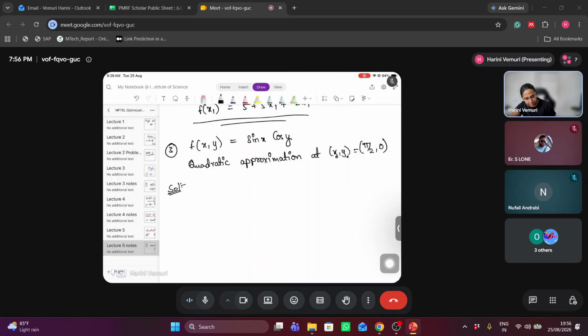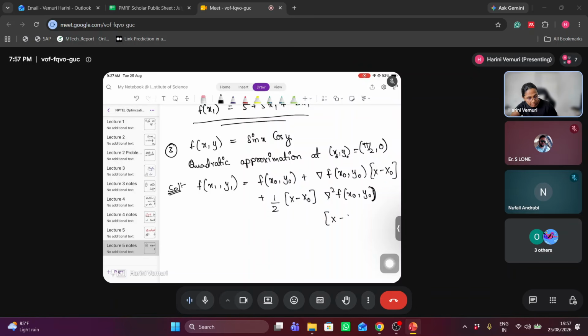Okay. So first, if you remember how we are doing it, f of x1 comma y1 equal to f of x0 comma y0 plus del of f of x0 comma y0 into x minus x0 plus 1 by 2 into x minus x0 del square of f of x0 comma y0 into x minus x0 whole transpose.